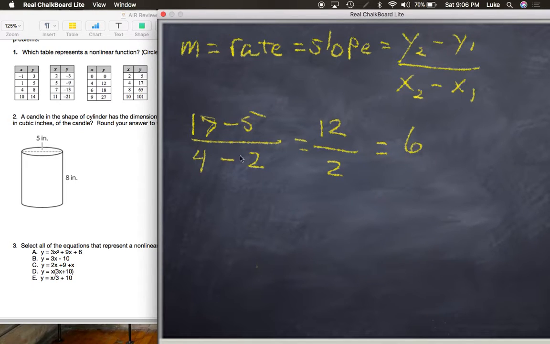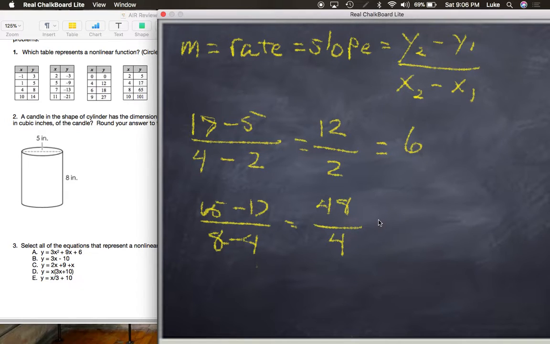So let's see if we keep the same rate by using our next coordinates, 65 for our y2 and 17 for our y1. So of course, if we do y2 minus y1, 65 minus 17, and then we have our x coordinates, 8 minus 4. 65 minus 17 is going to give us a 48, and 8 minus 4 is going to give us 4.